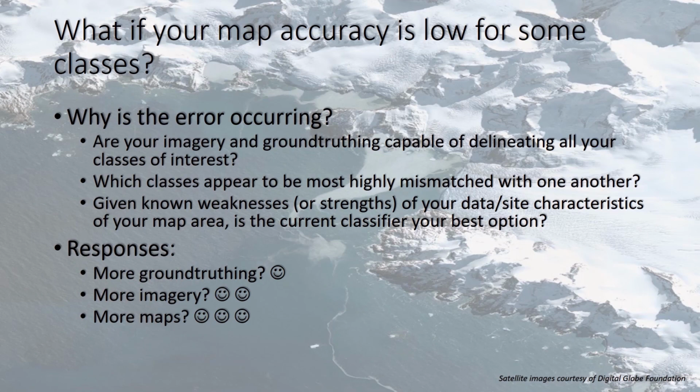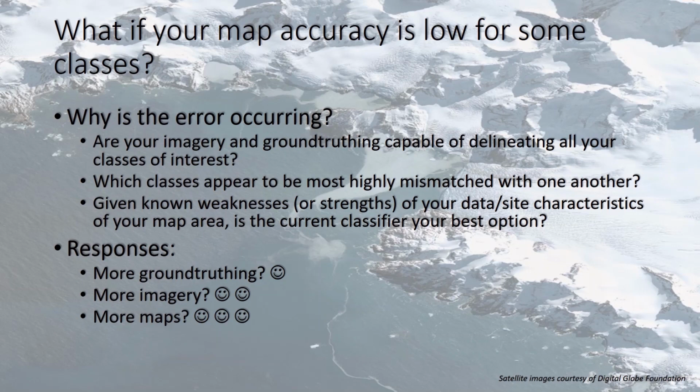So this feeds right back into some of the recurring themes that we've been talking about during the last 2 days. You're going to want to make sure, now that you have your final map and you've seen what the accuracies are, that your imagery and your field data, your ground truthing, are capable of producing the map that you envisioned in your mind.